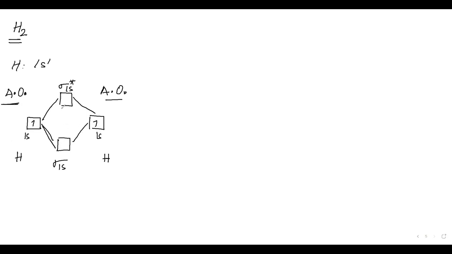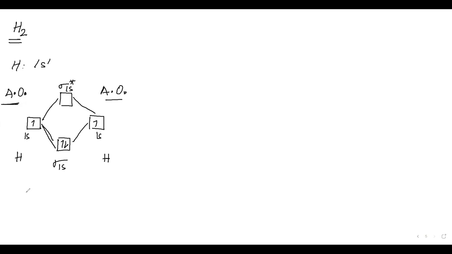They have two options, sigma 1s and sigma star 1s. Where will they like to go, in sigma 1s or sigma star 1s? Sigma 1s. Why? Because it is lower in energy.